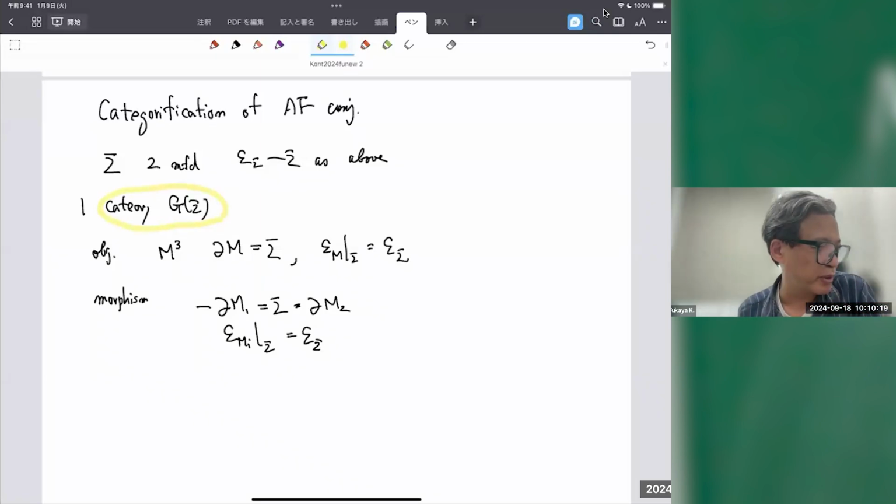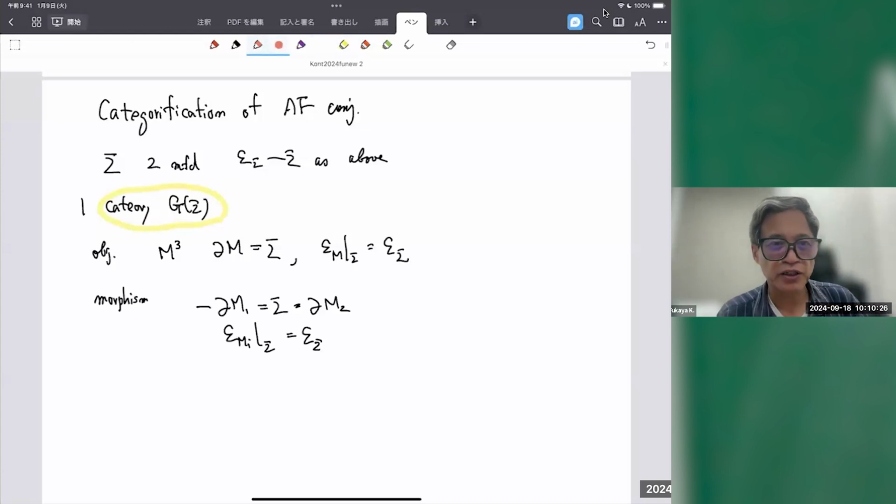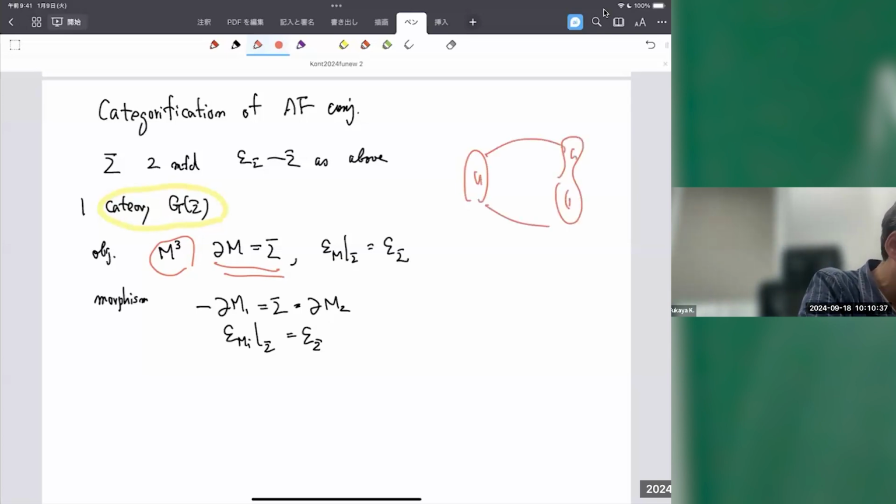Sigma is a two manifold. How do we do it? We first take its objects. The objects of this one category are three manifolds M whose boundary is sigma. So you have this sigma like this, and M together with E of M is an object. The morphism linear space is as follows.